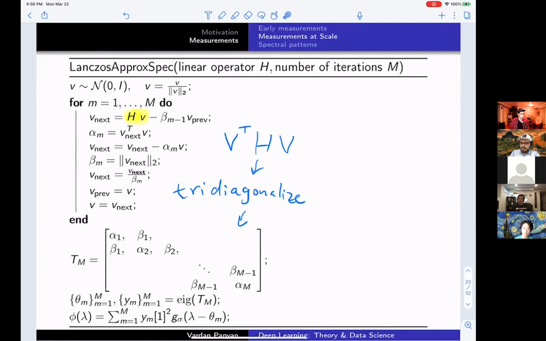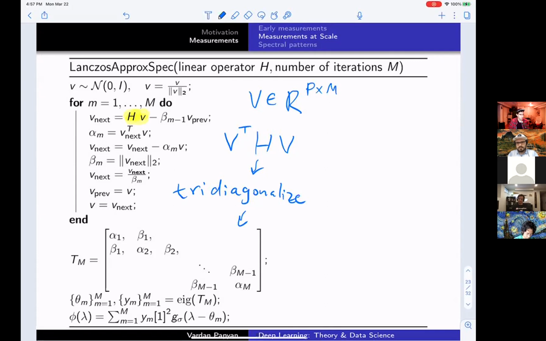Now, notice that the basis V is of size the number of parameters times the number of iterations, in this case M, which is basically the number of eigenvalues. So you can think of V as being a very tall partial orthogonal matrix.